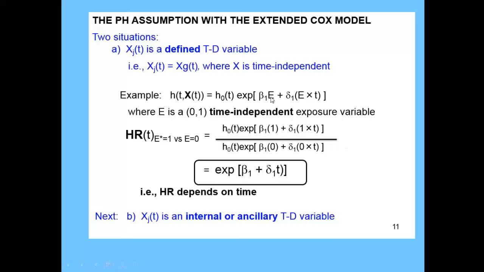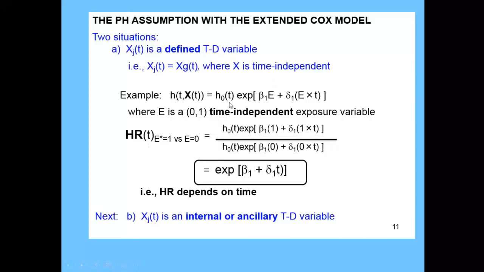Look at this model. There are two variables in this model. One is E, and one is E times T. So there are two coefficients in this model. Now, suppose I use this model, and I ask, what's the hazard ratio comparing exposed people to unexposed people?